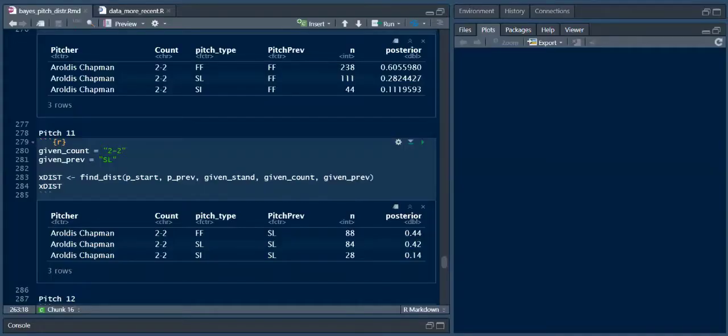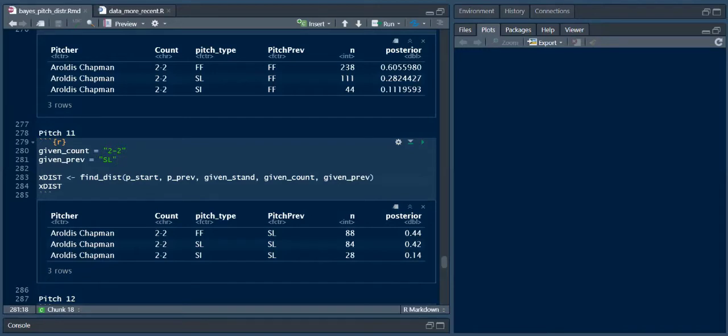So now pitch 11 is a 2-2 pitch with a slider previous. So when we look at the model, we are looking at the posterior here. The prediction is 44% fastball, 42% slider, 14% sinker. So again, if we're just going to narrow this down to the first 2 pitches, which is something that I kind of assume that hitters do, even if they're not conscious of it, right?